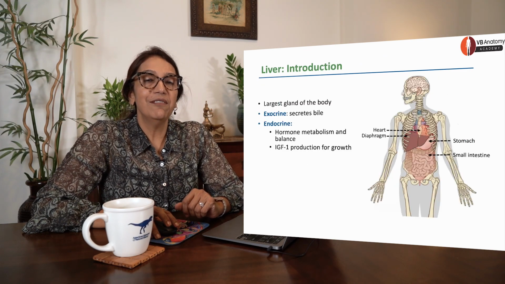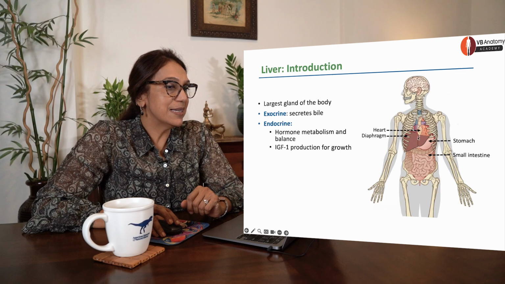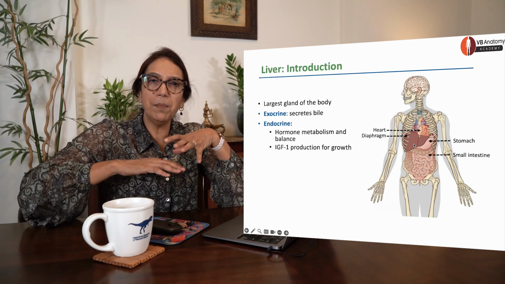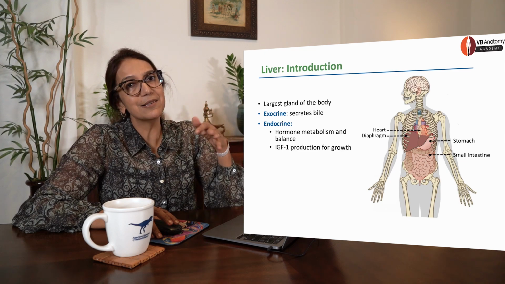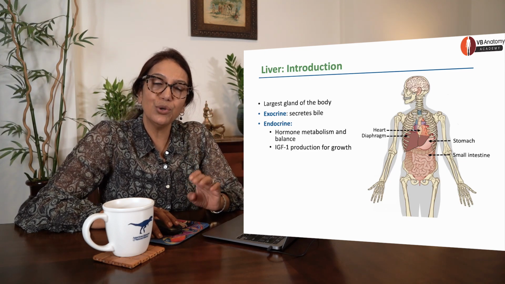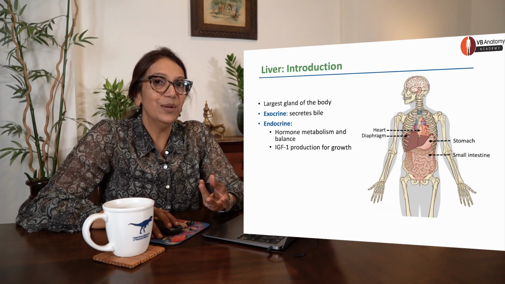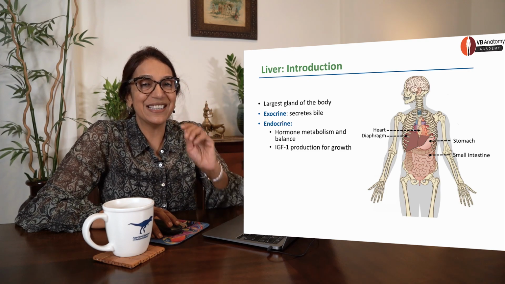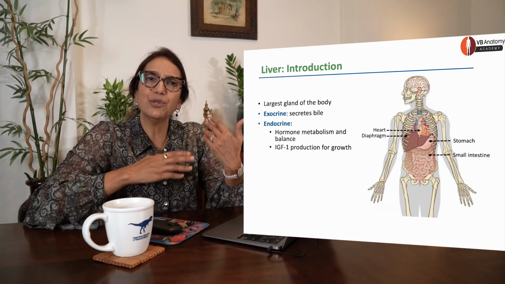So, liver, where is it? Liver is a wedge-shaped organ present in the upper right corner of the abdomen, performing endocrine as well as exocrine functions. I'm sure you know that. Exocrine meaning, what does it do? Yes, that's taught you in school years, right? So it produces bile. Endocrine functions, that there are so many.